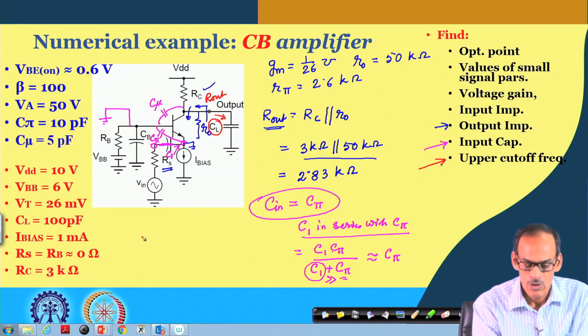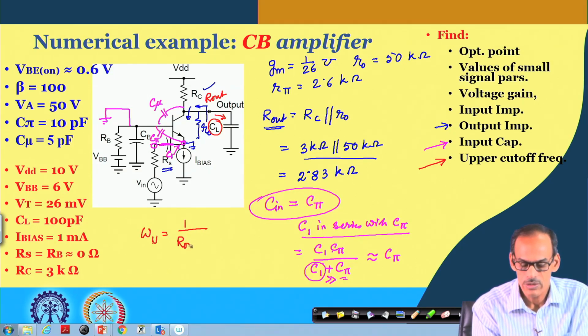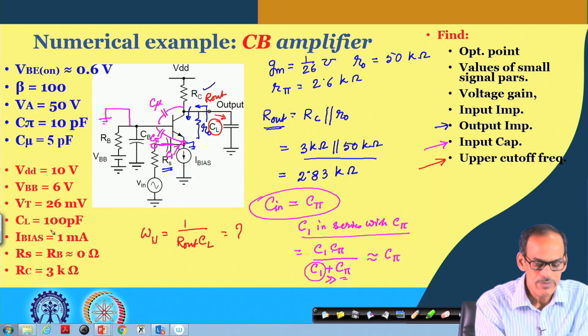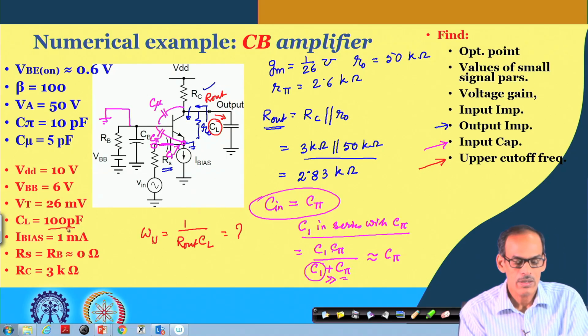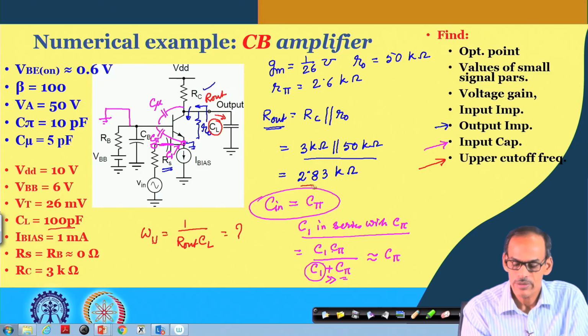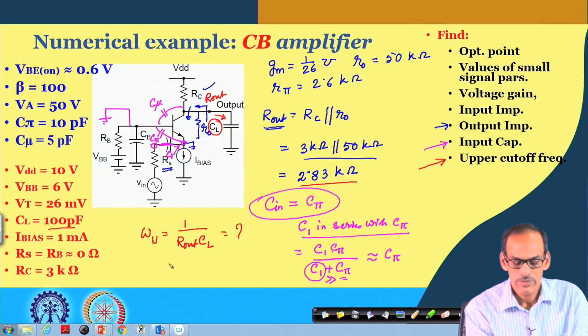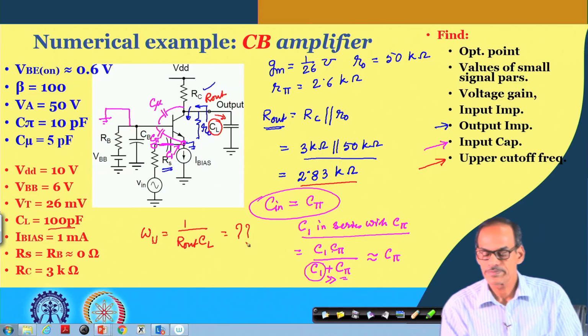So, omega upper cutoff frequency is 1 by R out into CL. CL is given here, it is 100 picofarad, and R out we already calculated, 2.83 kilo ohms. So, we can find the corresponding value here.